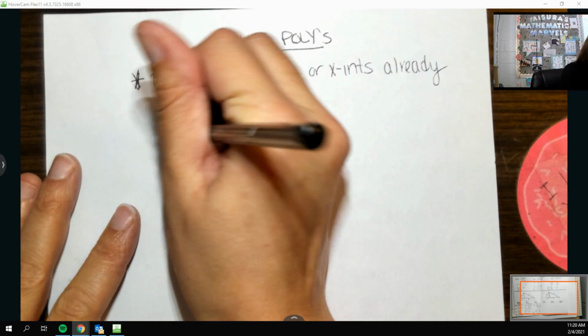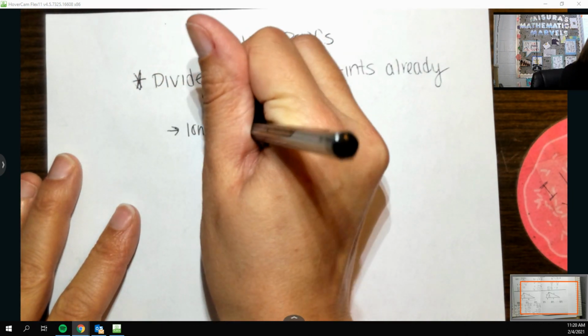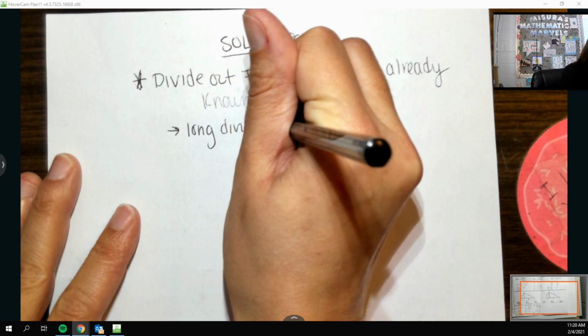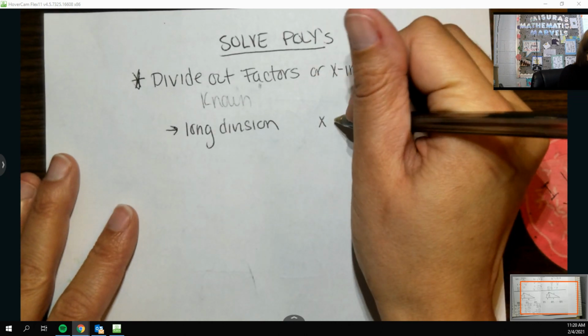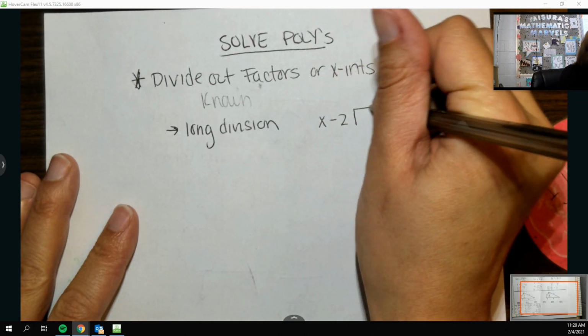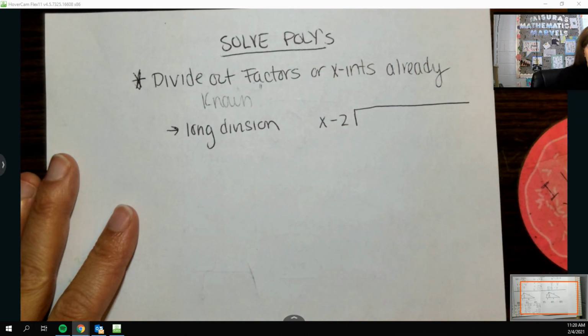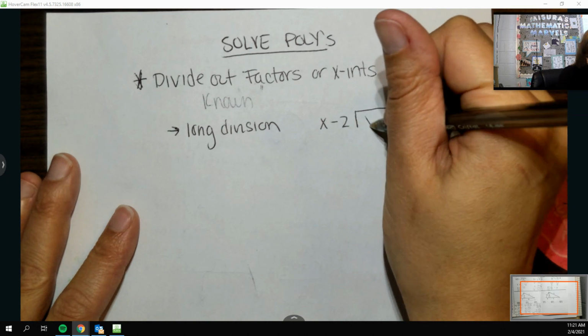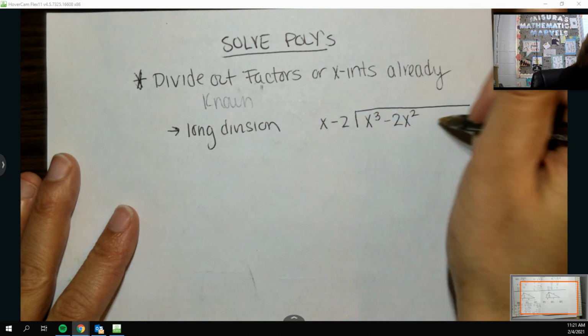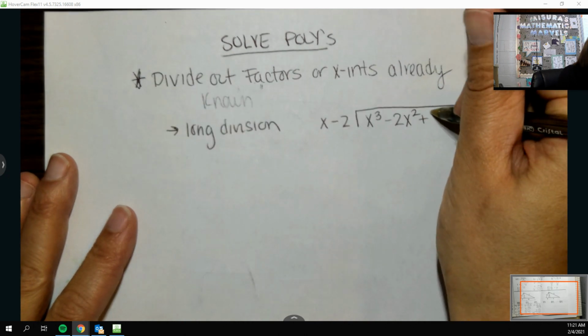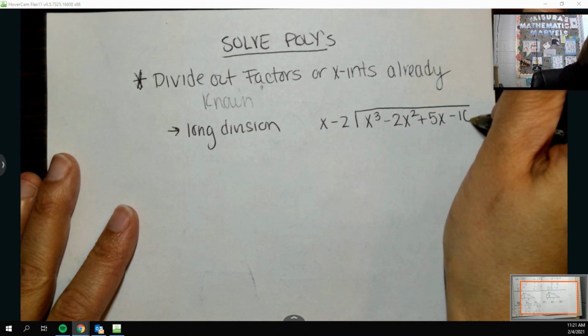So there is long division, which, for example, would be something like I'm taking the factor x minus 2 and then dividing it out of x to the third minus 2x squared plus 5x minus 10.